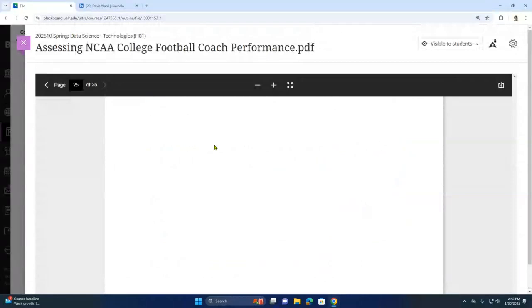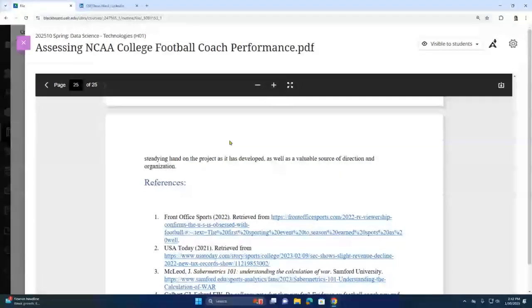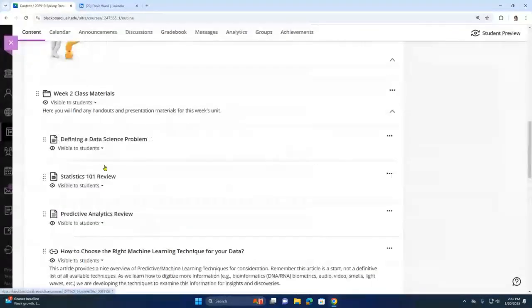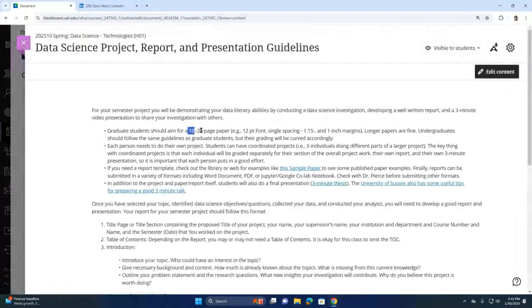Okay. Now you'll notice that this is about 25 pages, and that is because this was based on 2 semesters worth of work. Actually, probably 2 semesters and a summer in between. If you take a look at our guidelines for the paper, which you can find right here, the main thing is that I'm really looking for papers that are probably 10 to 12 pages.